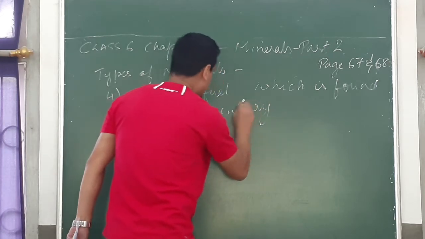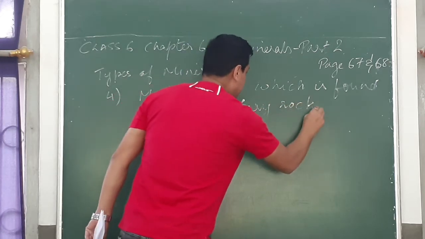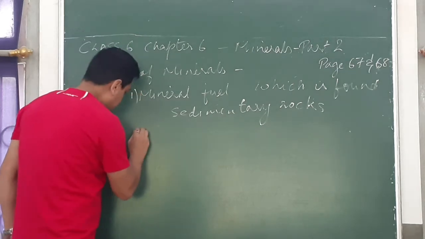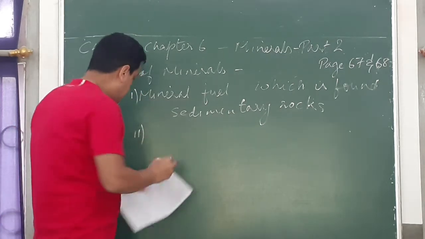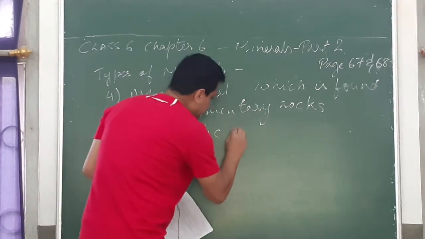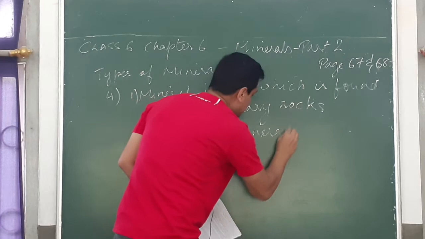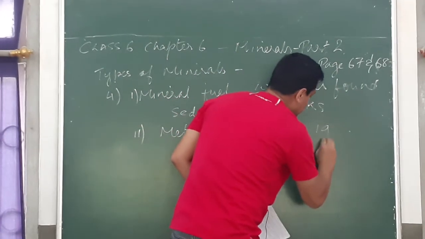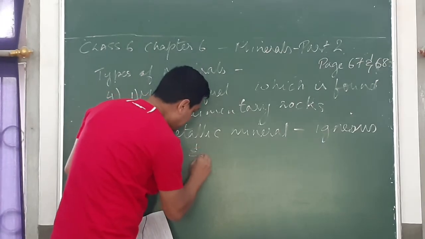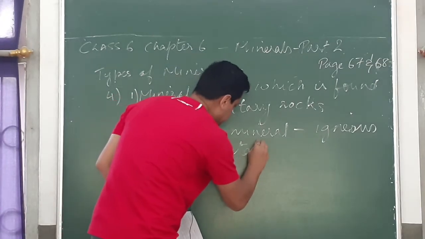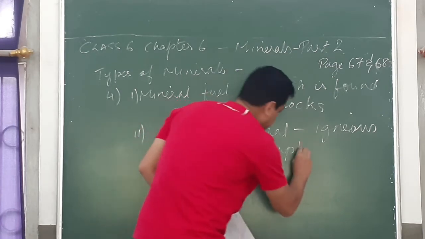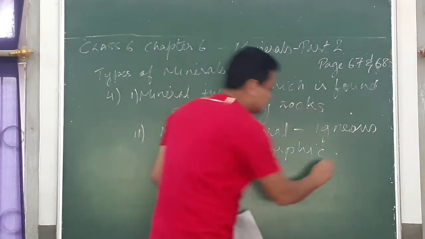Whereas metallic minerals are found in igneous rocks and metamorphic rocks.